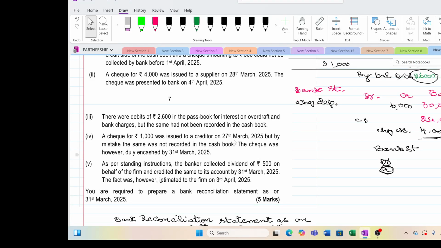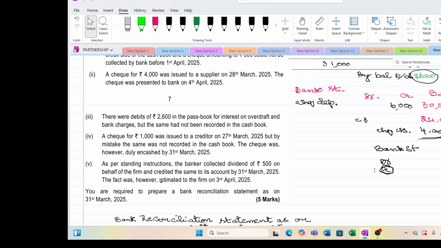Now coming to the next point, a check of 1,000 was issued to a creditor. So immediately you should write it on the credit side of your cash book. But what happened? They have not recorded it in the cash book. If you are not writing anything on the credit side, your balance will show increased balance. Your overdraft will be less. But actually, you have issued 1,000 and that creditor has gone to the bank and he removed the money also.